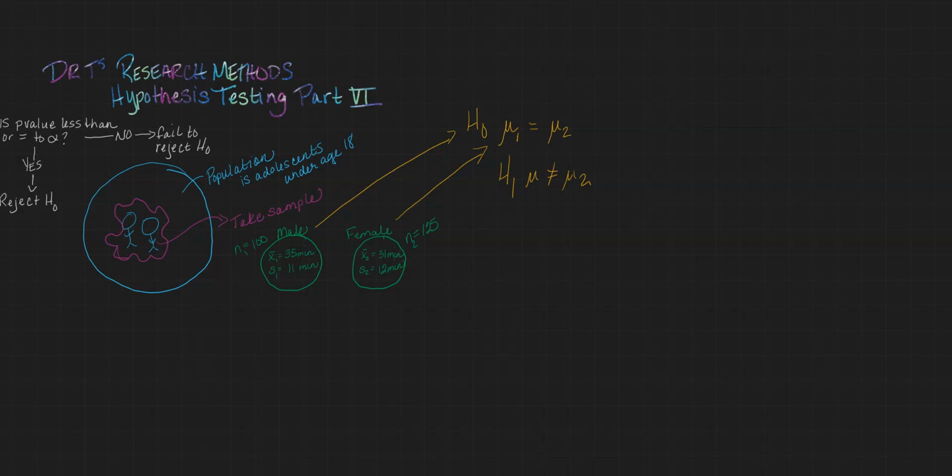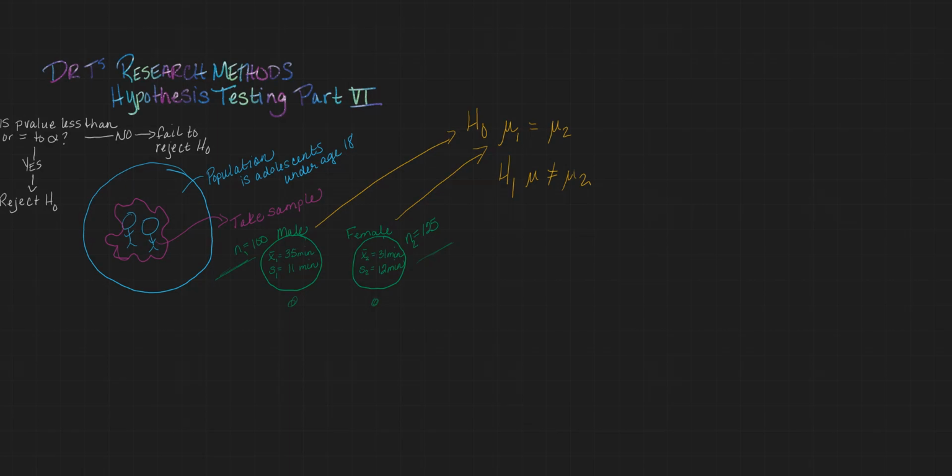The next thing I need to figure out is what kind of test I'm doing. I'm going to compare the amount of time spent online between these two samples from my sample. So I know this is a two sample test, because what I have here is a sample of young males and young females. I know that my sample sizes for each one are greater than 30, so it's a fairly large sample.